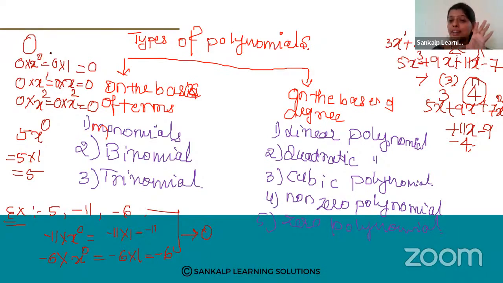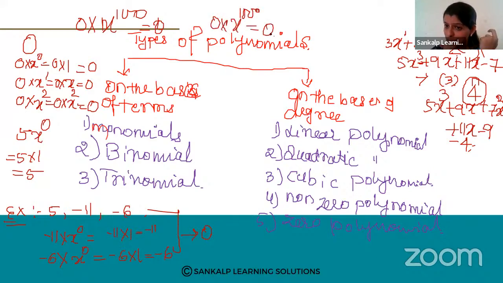Then tell me the degree of the polynomial. Is it 0 or 1 or 2? If you multiply by any power of the variable, finally you will get 0 only. Then what is the degree of the polynomial? It is not defined. Some are saying x raised to 100, what will you get? 0 only, finally. 0 into x raised to 1000, finally you will get 0 only.